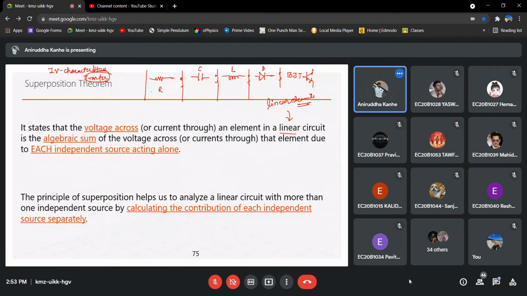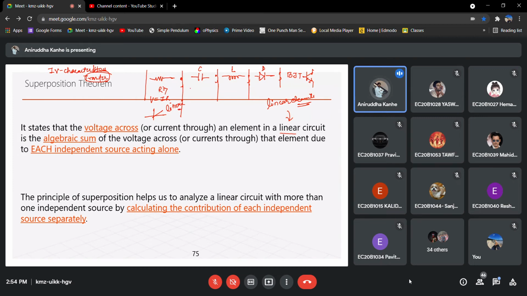Okay. So let us start with the simplest element, your resistance. The IV characteristics is V = IR. So it looks like this. Resistance, of course, is a linear element. Now capacitor also you have studied.